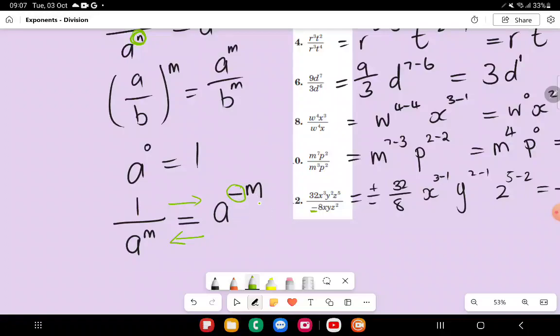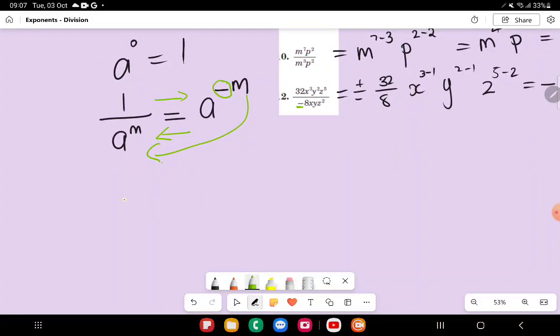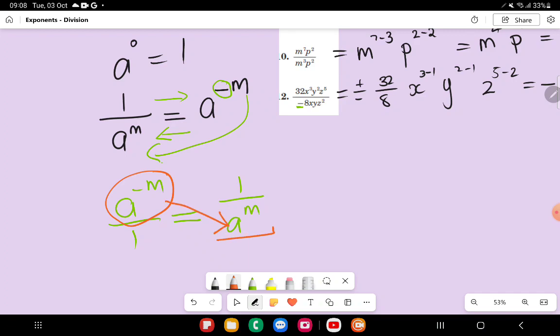If I have this, I can make it go home and become a positive denominator. The same thing applies at the top: a negative m as a numerator is the same as 1 over a^m as a denominator. Don't look at the 1, just look at this part, which goes to the other side and becomes positive. That's what I need you to remember.